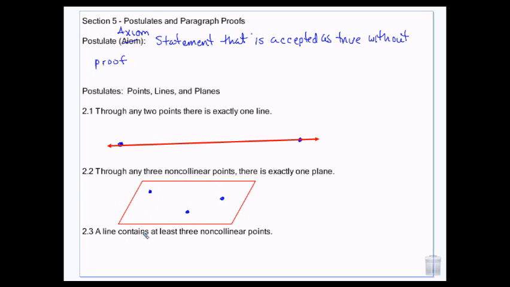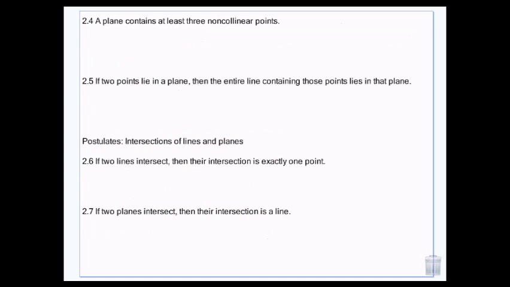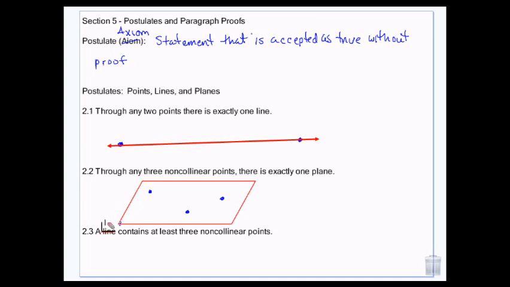A line contains at least a plane. Sorry, my typos are getting bad. Plane, not a line, a plane, contains at least 3 non-collinear points. Okay. You'll have to forgive me and my bad typing.